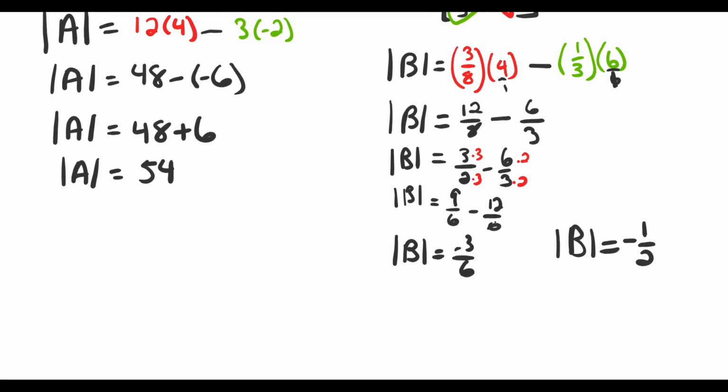Okay, so let's look at a 3x3 and try to practice it. So I'm going to have the matrix C is going to be equal to a negative 2, 1, negative 3, 4, 8, negative 1, 3, 2, 0.